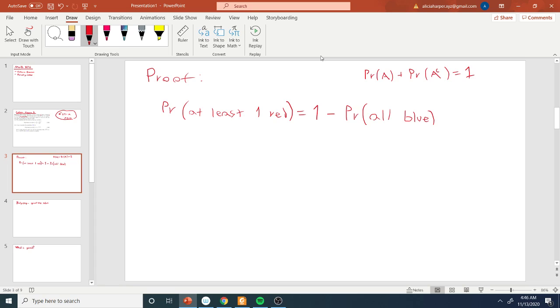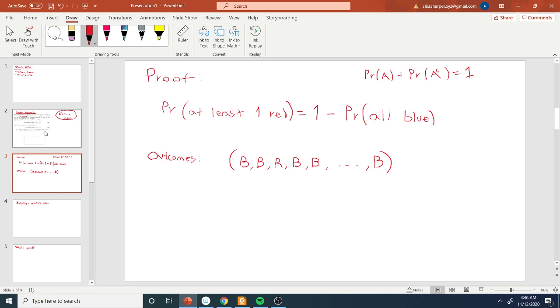Because first off, let's think about what our sample space, or our outcomes, is. Our outcomes correspond to a sequence of balls. So a sample outcome would be something like this: blue, blue, red, blue, blue, and so on, and then eventually you end, say, with blue.